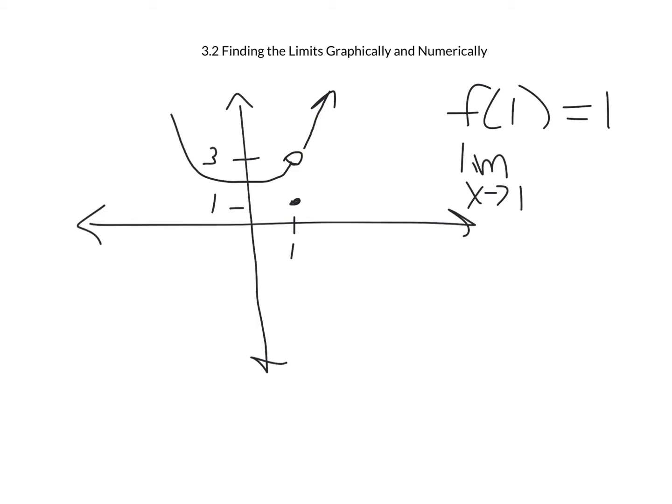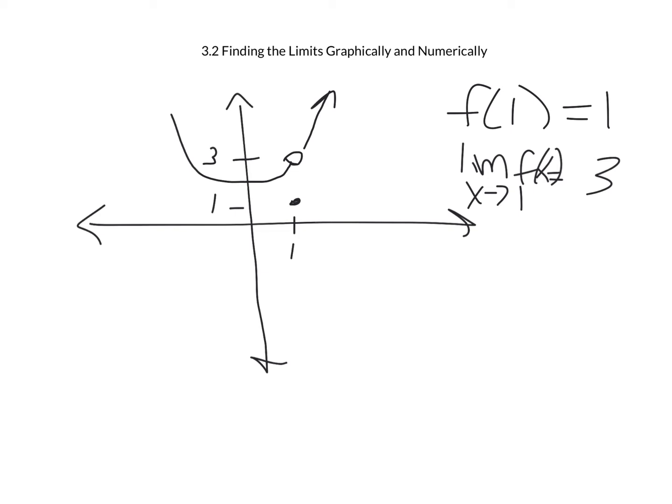So therefore, the limit of f of x is equal to 3. Not 1, because as we come from the left and the right, we're getting closer and closer to this 3 value. You don't necessarily have to touch it, but as we come from the left and from the right, they're the same value, so our limit's going to be that value, whatever that value is.